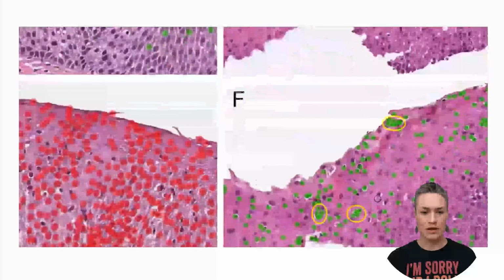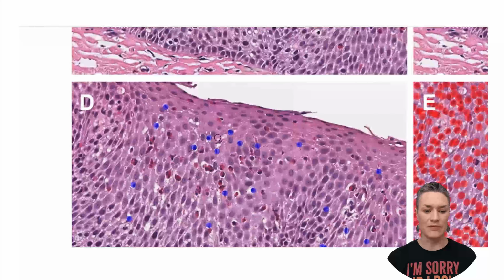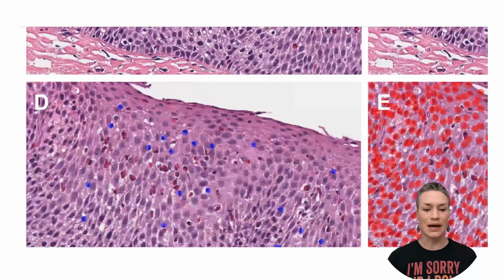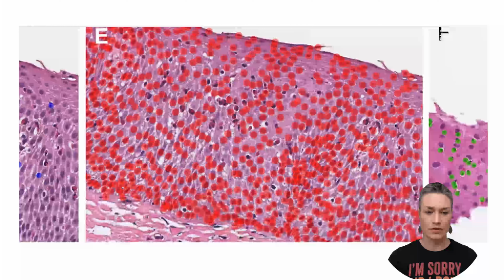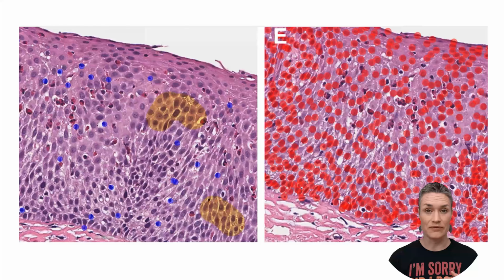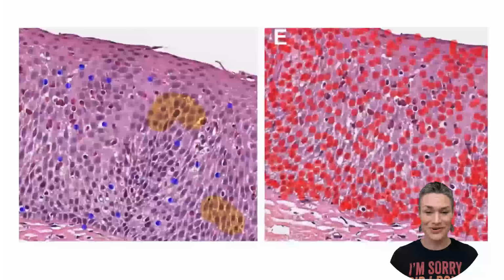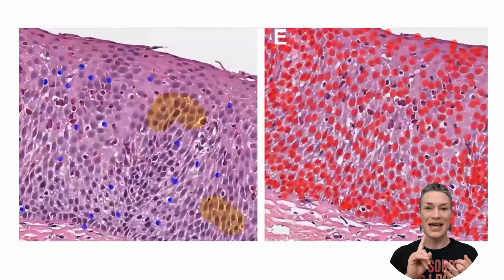And here we also have the blue guys. Blue guys are lymphocytes, another type of immune cells that is a component of this esophagitis. And the red guys are just nuclei of the squamous epithelial cells. So all these guys who don't belong to any immune cell population are also detected, so that the model can learn 3 different types of nuclei and consciously, quote unquote, distinguish between the epithelial nuclei and the eosinophilic and lymphocytic nuclei.